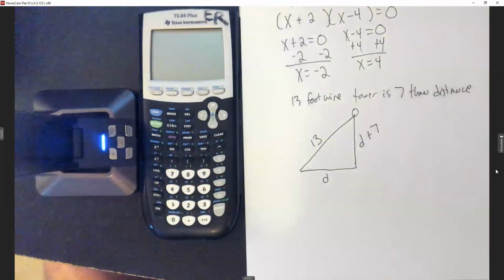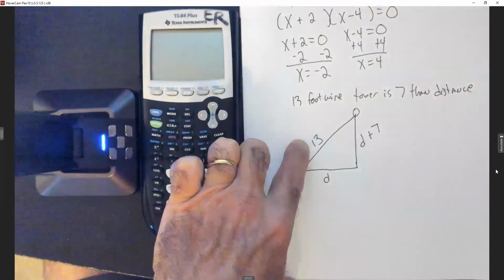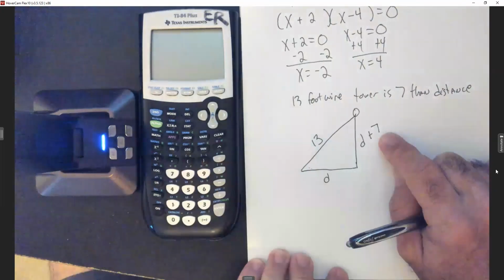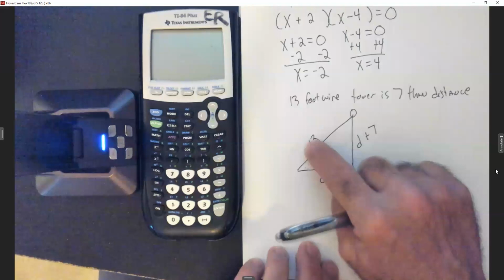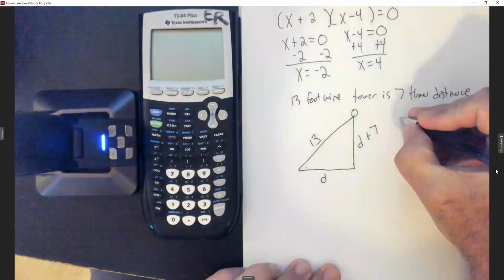So y'all, yours is going to set up pretty much just like this, other than your wire might not be 13 and it might not be 7 feet taller than this distance, but it's going to be something similar to this, okay? So on this problem, I want to use the Pythagorean theorem.